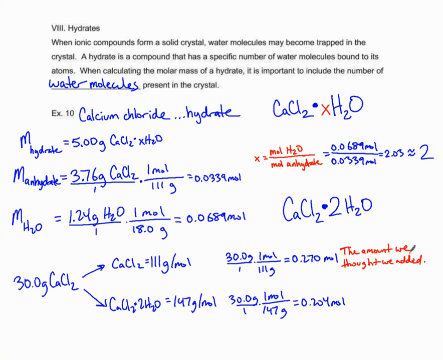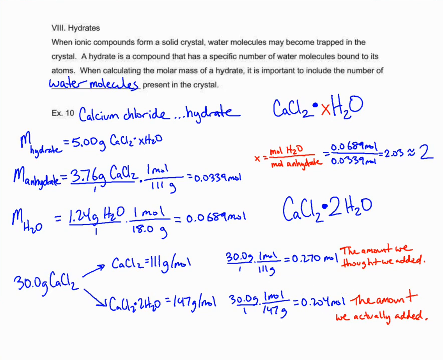So this is what we thought we added, but this is how much we actually added. So if I'm trying to start a chemical reaction, I have to put in the right amount of a substance. See, I thought I put in 0.270 moles of calcium chloride, but I didn't. I actually only added 0.204 moles.